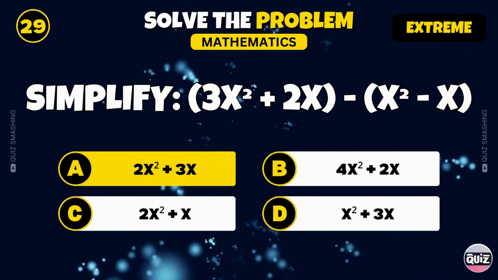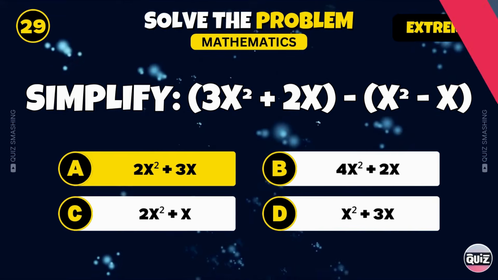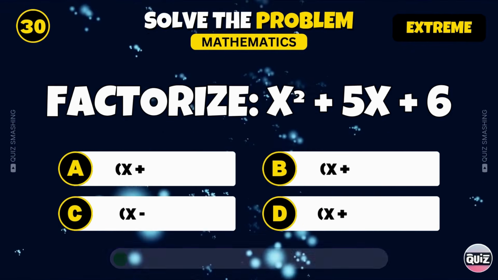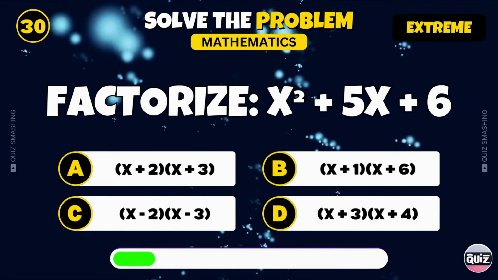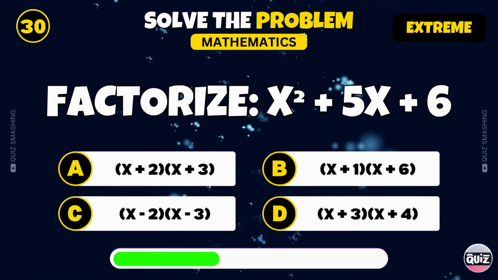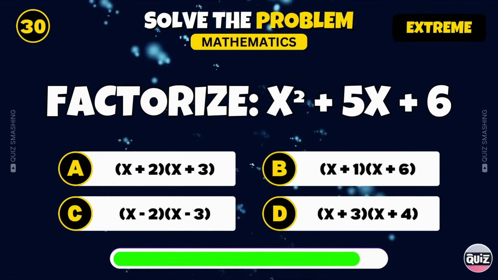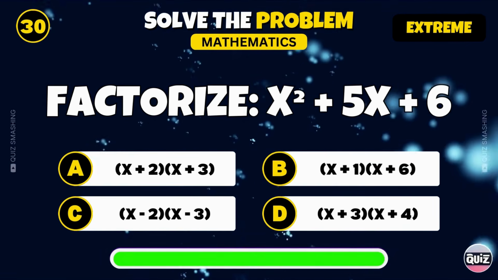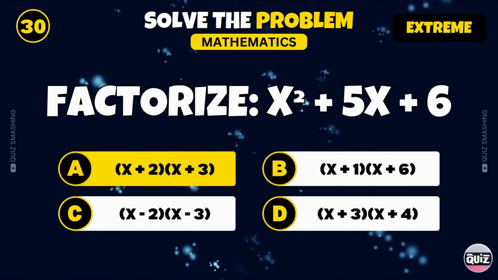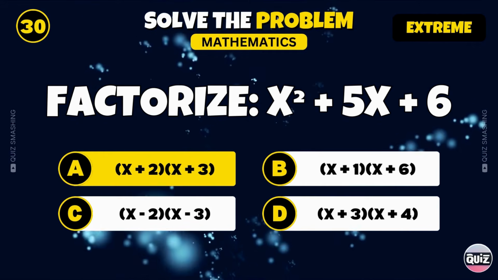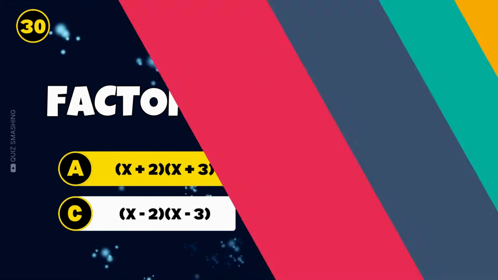Good work. It becomes 2x squared plus 3x. Factorize x squared plus 5x plus 6. Correct. It factors to (x plus 2) times (x plus 3).